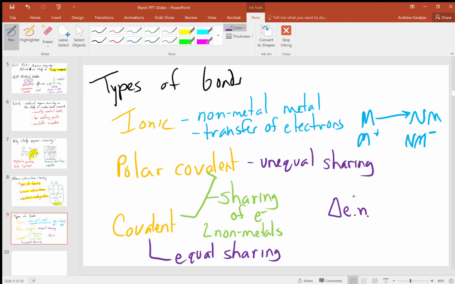If that difference is greater than about 0.3, then that typically means the electrons are shared unequally. If it's less than about 0.3, then we have pretty much equal sharing of the electrons.